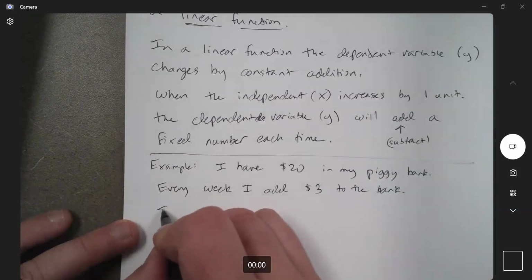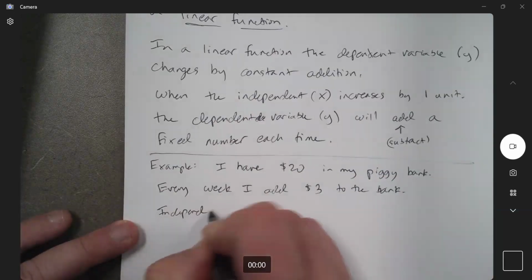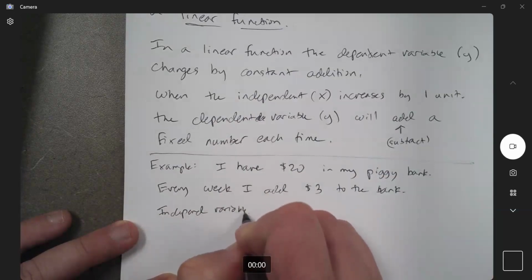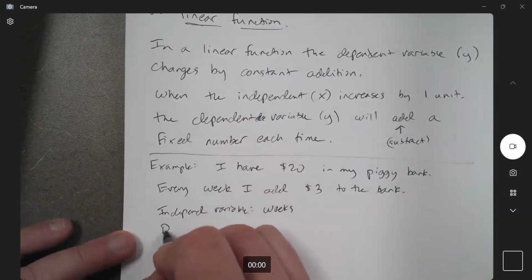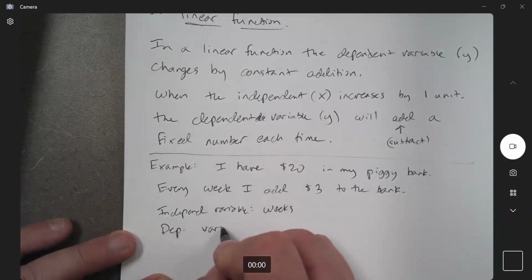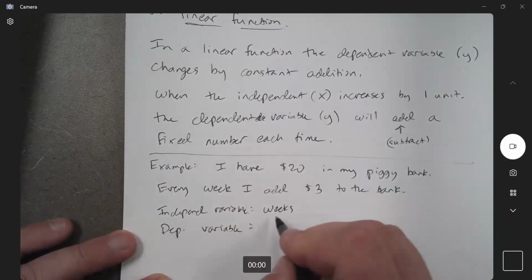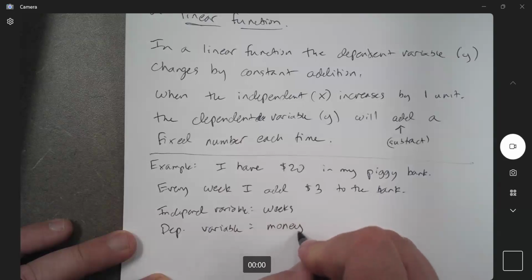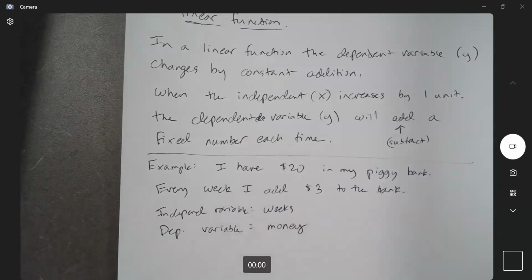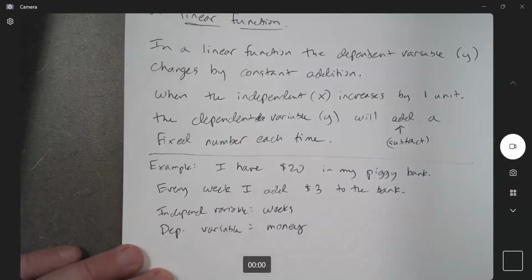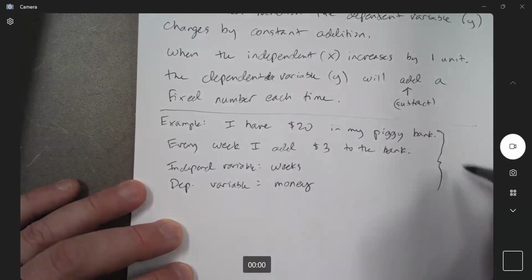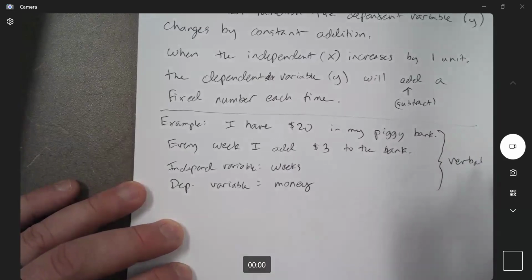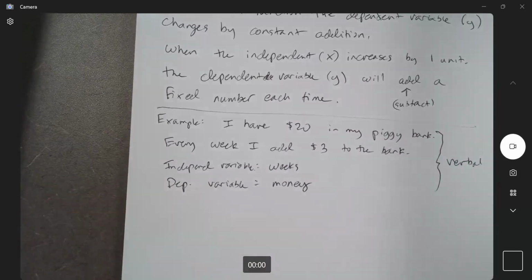Here, the independent variable is weeks, and the dependent variable is the money in the bank. And that's a completely valid way to represent this situation mathematically.